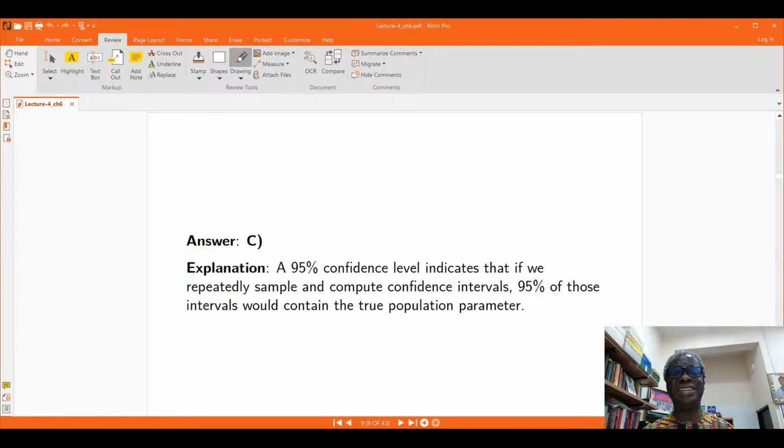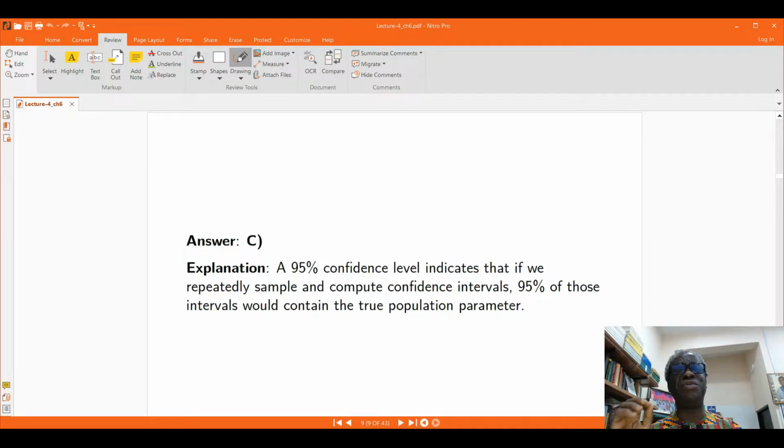Then 95% confidence level implies that 95 out of the 100 confidence intervals that you have computed will contain the true population parameter. Don't ever forget that interpretation.